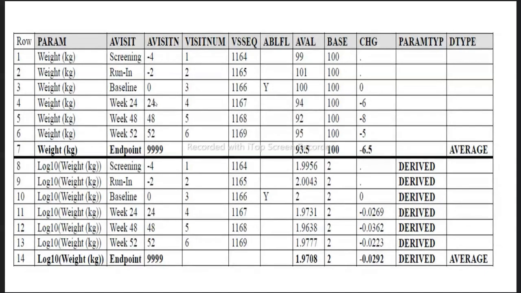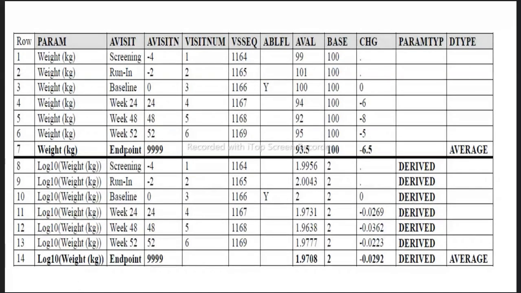Understand what I'm saying? Post baseline 3 observations ఉన్నాయి. First value 94, week 48 value 92, week 52 value 95. వీటితో పాటు స్పాన్సర్ ఏమంటున్నాడంటే పోస్ట్ ట్రీట్మెంట్ ఏవైతే అబ్జర్వేషన్ ఉన్నాయో get an average of all the post baseline, keep that in a new record, and that I want to have it as an endpoint record.